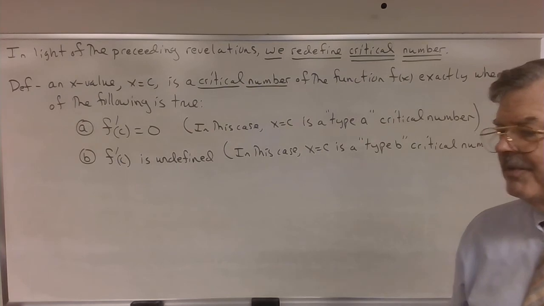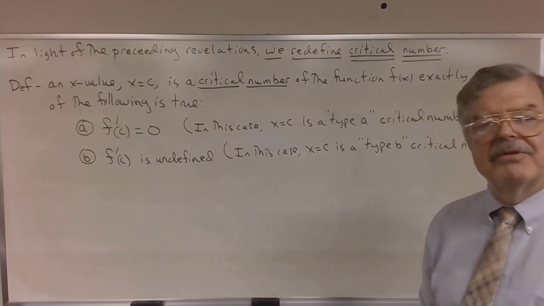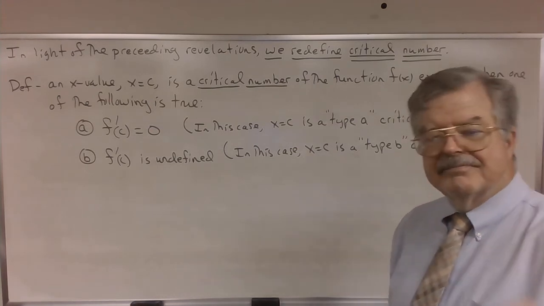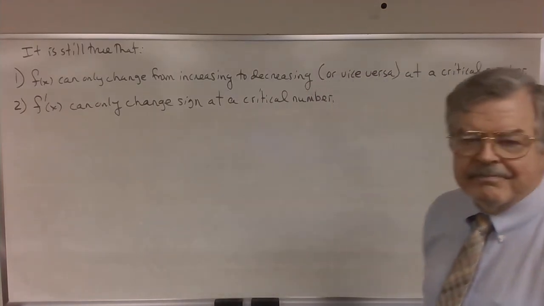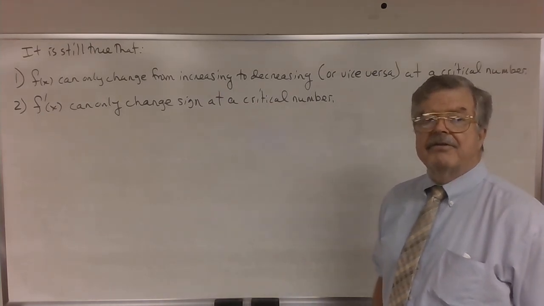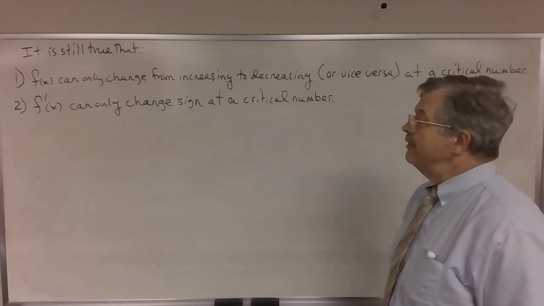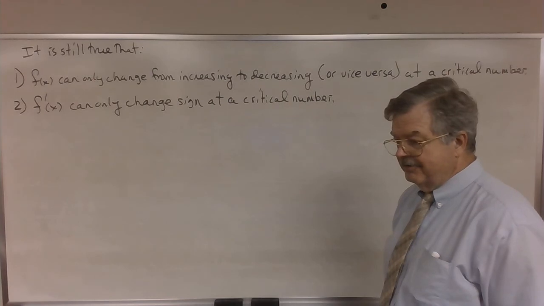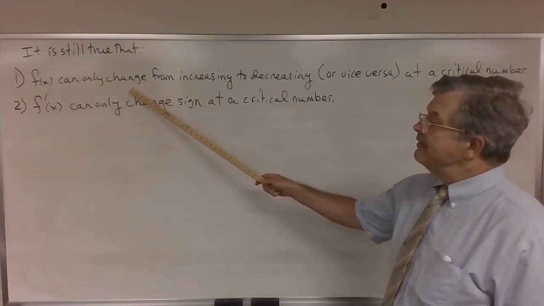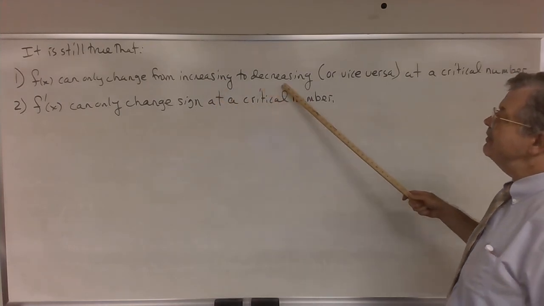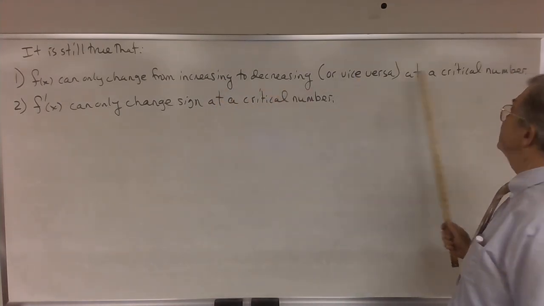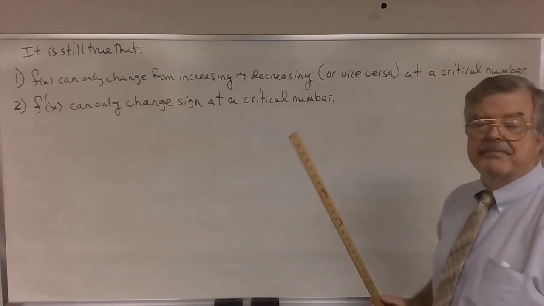And now that we've redefined critical number, let's summarize a few points. Even though we've redefined critical number, the major properties are still true. It's still true that the function f of x can only change from increasing to decreasing or decreasing to increasing at a critical number.